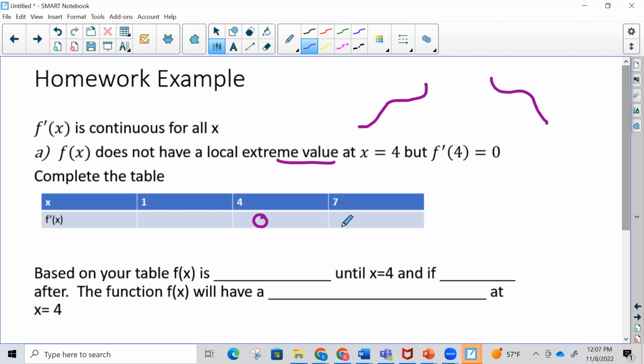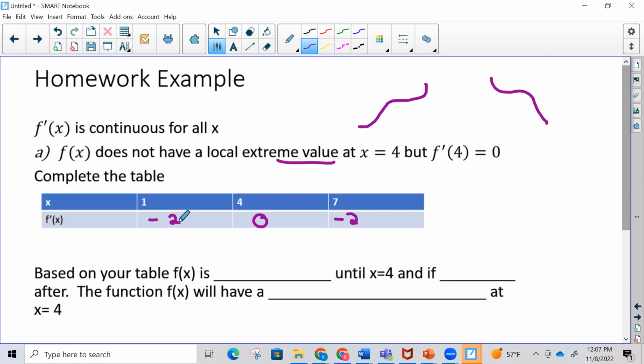And so the derivative can't change sign. So before x equals 4 and after x equals 4, the derivative would be the same sign. So again, you can pick any number like -2, -2, but it just has to be the same sign. So either make them both negative or both positive, and then fill in this based on that.